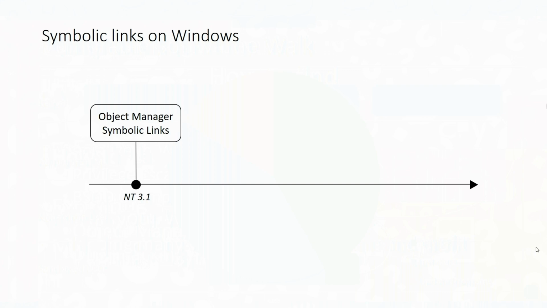When created, it links the name of the symlink to the name of the target object. The target object can be of any type the object manager supports, including another symbolic link, and it can go on and on and on. This type of link was supposed to be used by driver developers and by the system only.